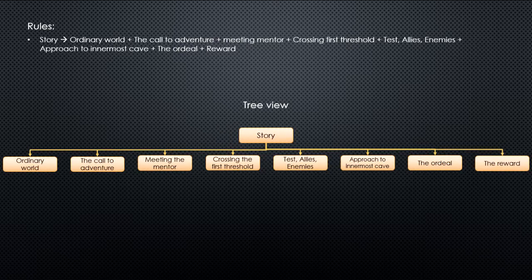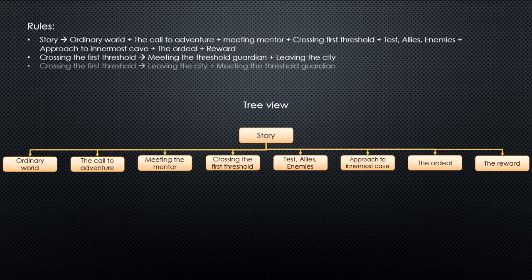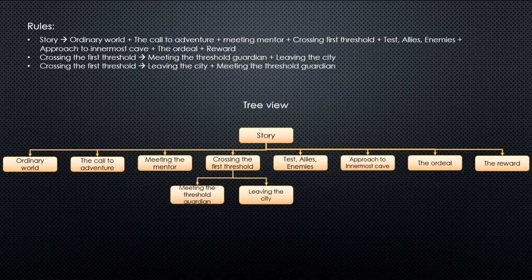Let's, as an example, look deeper into crossing the first threshold. We can have two different rules for this. The first rule is that crossing the first threshold consists of meeting the threshold guardian and then leaving the city. It can also be leaving the city and then meeting the threshold guardian. When generating the story, we only choose one.